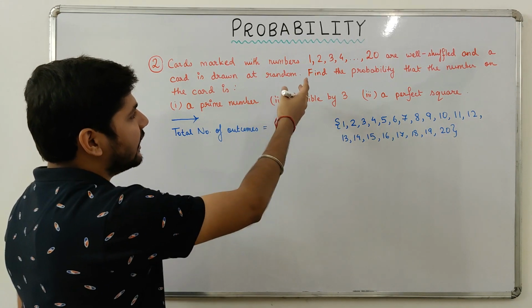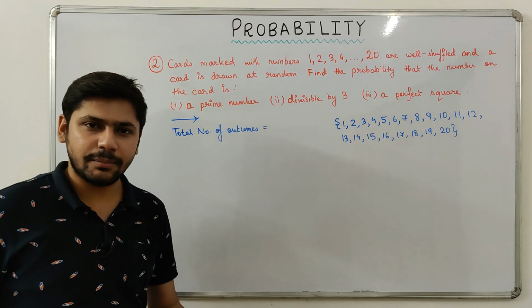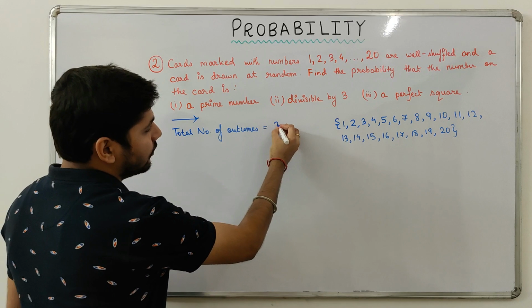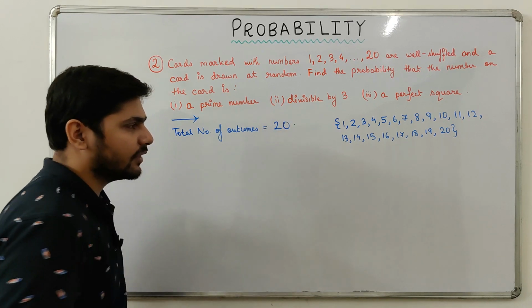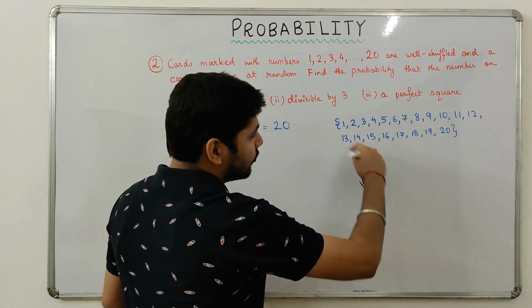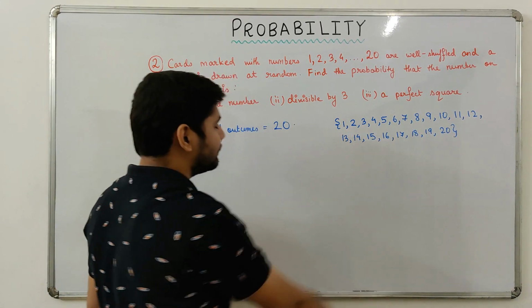So, we have the cards with numbers from 1 to 20. That means 20 cards are present. So, the total number of outcomes is equal to 20. Easy to understand. I have already written the sample space over here. Cards with numbers from 1 till 20.